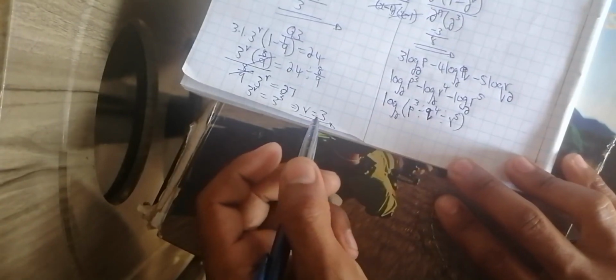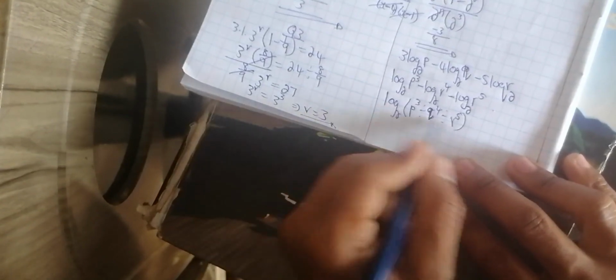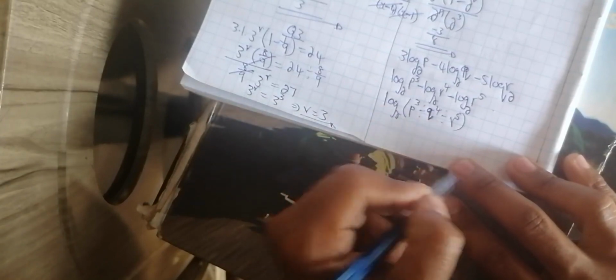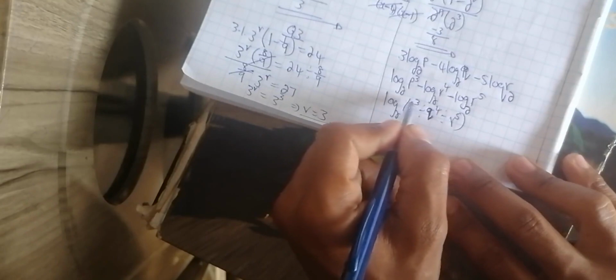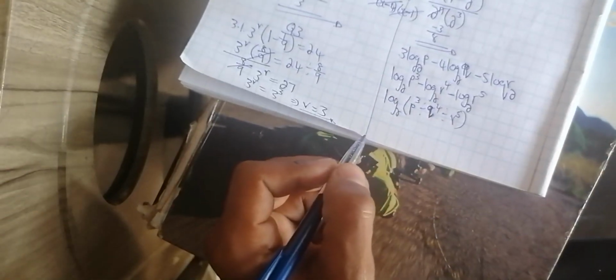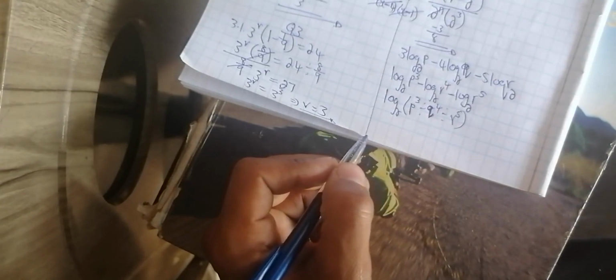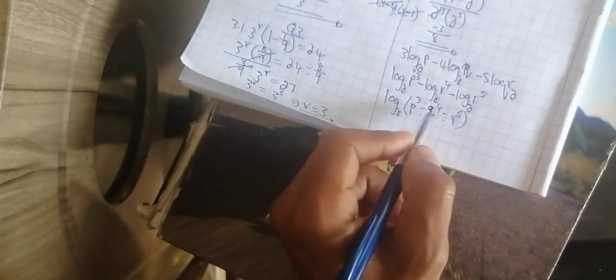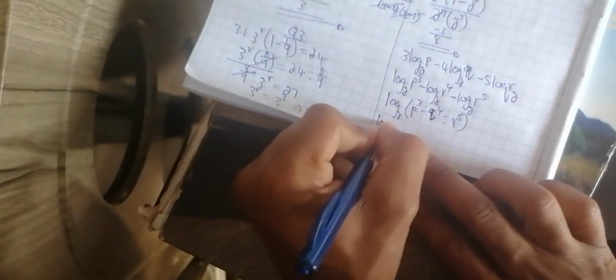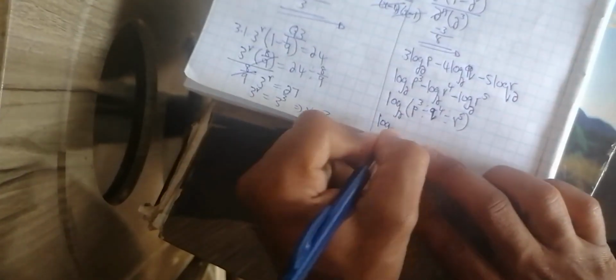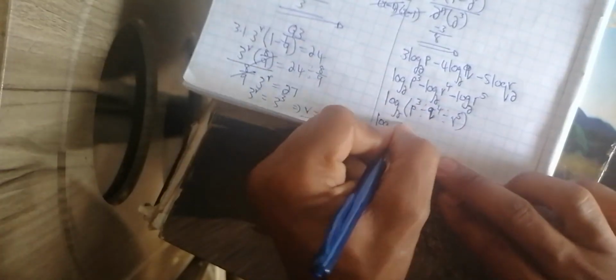I can choose to leave it like this because there's nothing I can do with these, unless I want to change division to multiplication here, just to say log 2. And what I would say is the following.